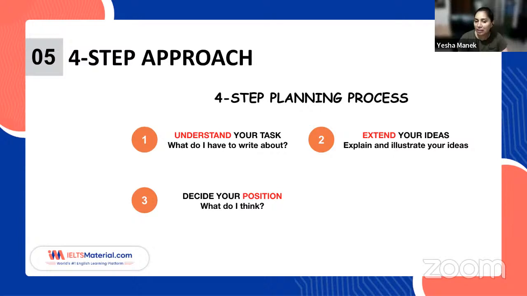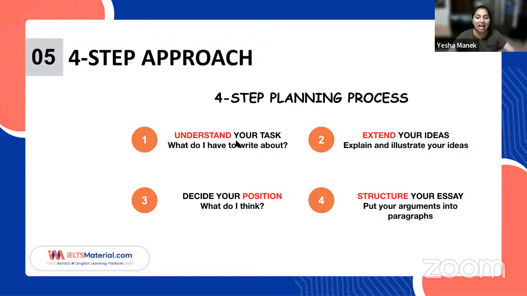If I'm giving agreement, then what reasons am I going to present for my agreement? And if I am giving disagreement, then I would say what actually would be my disagreement. Then I would structure my essay. That is, I would take up all the ideas, my opinion, and then I would structure it in a proper way, putting the arguments into different paragraphs.